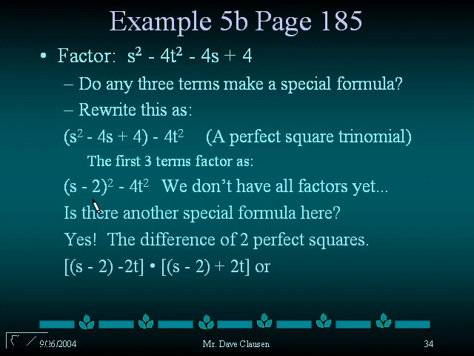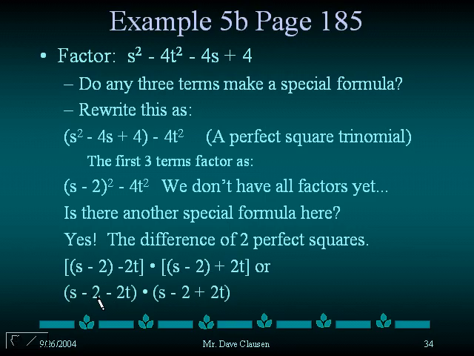And we're going to factor that as the square root of the first one times the square root of the second one. And then our signs are going to be one of each. So we have conjugates. Now I'm going to leave the parentheses around the s minus 2, but we don't need parentheses in brackets.